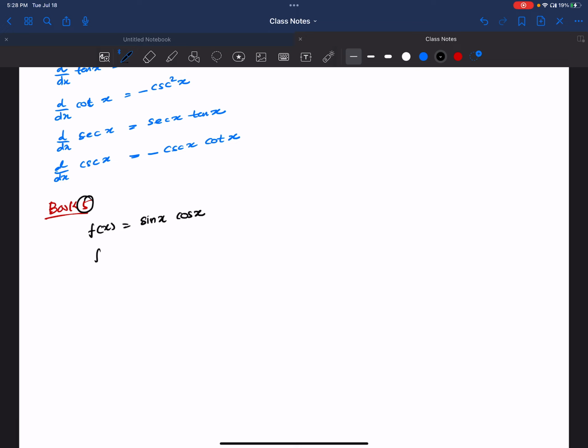So f prime of x is equal to, you can use the product rule, sine x times d over dx cosine x plus cosine x times d over dx sine x. So this is sine x times negative sine x plus cosine x times cosine x.